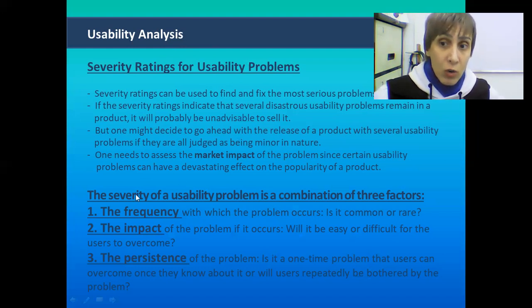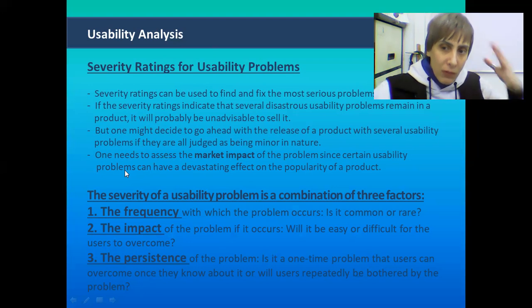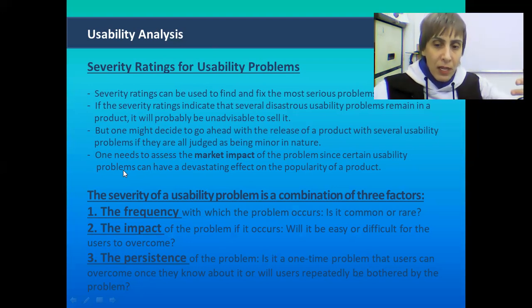Well, you will judge it by keeping in mind these three things: the frequency, the impact, and the persistence. If the problem happens frequently, that means many times, then it's a more severe problem. It's a bad problem, okay?